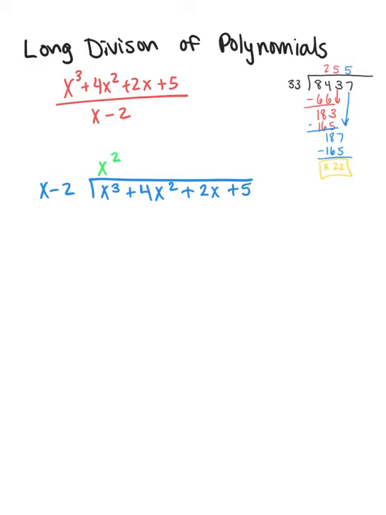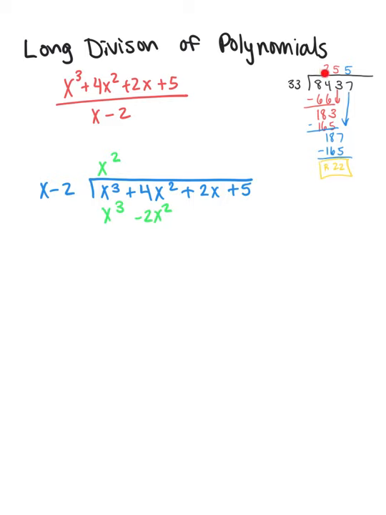Once we have that, what did we do over here? We multiplied this 2 by both of these parts, by the 3 and the 3. So I'm going to multiply this x squared times both of these parts. x squared times negative 2 is negative 2x squared. x squared times x is x cubed.